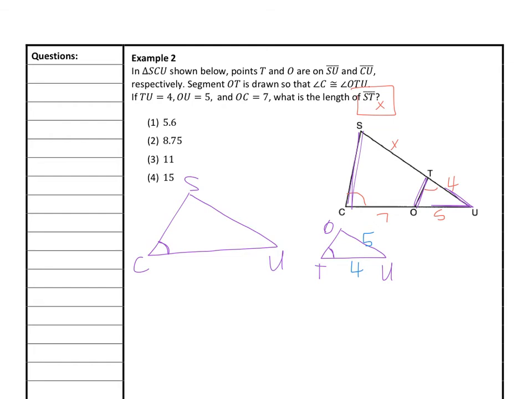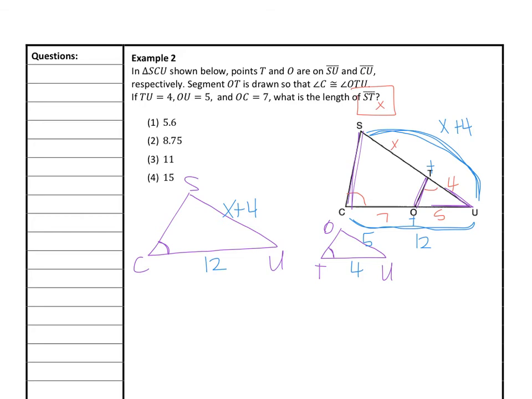OC was 7, so that makes CU the length of 12. And it also makes the length of SU X and 4. So is that X plus 4 or X times 4? Well, if I think back, I did 7 plus 5, so I'm going to do X plus 4.